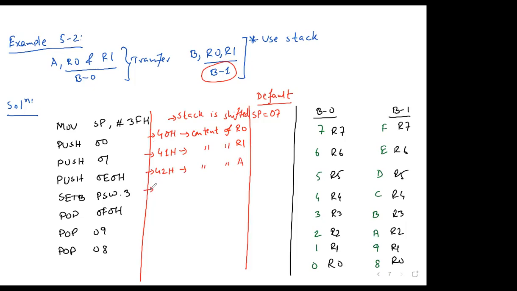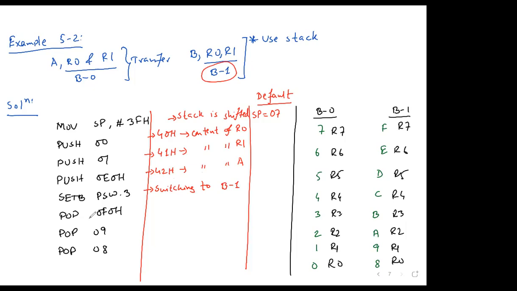Now what is happening in this line? We are switching to bank 1. Do we need this line? These are two different things. The first thing is the answer is correct. Using this instruction, we are switching to bank 1. That is correct. Next is, do we need this line?